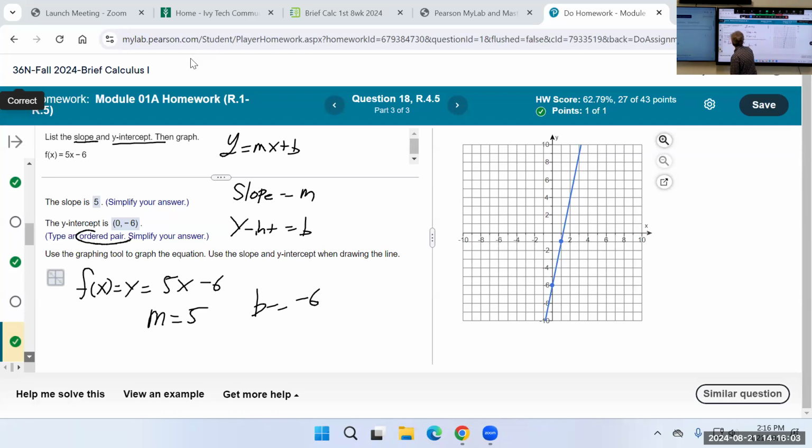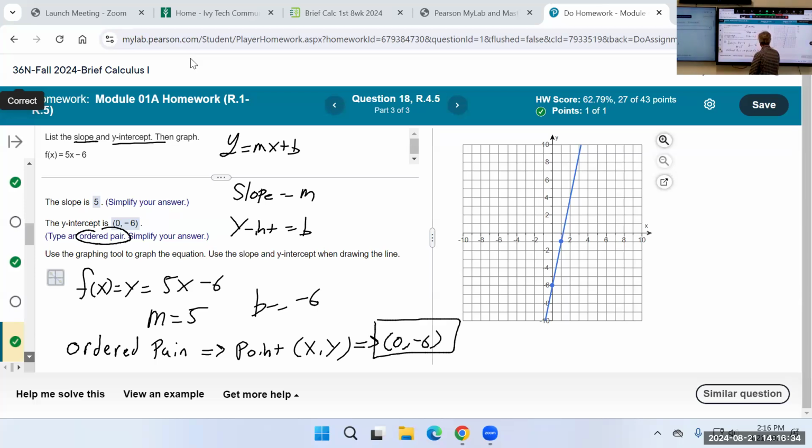So ordered pair, there's a vocab word. So that's the x and y coordinate. Where does that exist? Well, we know that b equals -6. That's the y location. If it's the y-intercept, x equals 0. So this point must be 0, -6. As you've seen in previous classes.